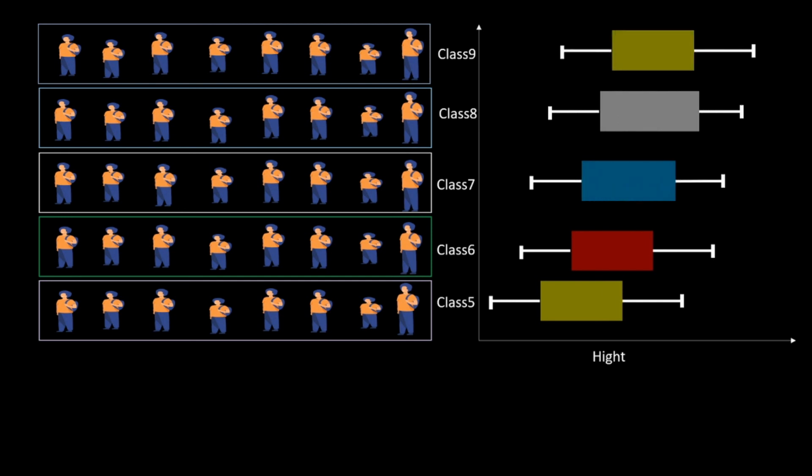By seeing this box plot, you can easily get an intuition of how the heights vary between each individual class, and you can compare this complete data with a single box plot. So that's where box plots come in quite handy when you want to compare multiple distributions of datasets.